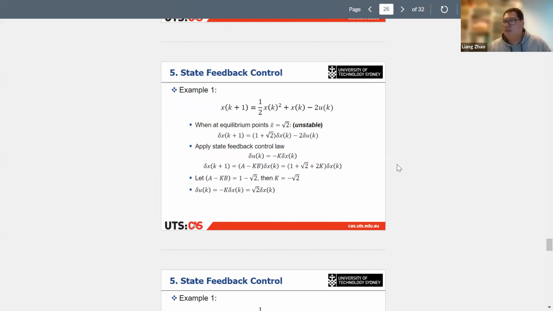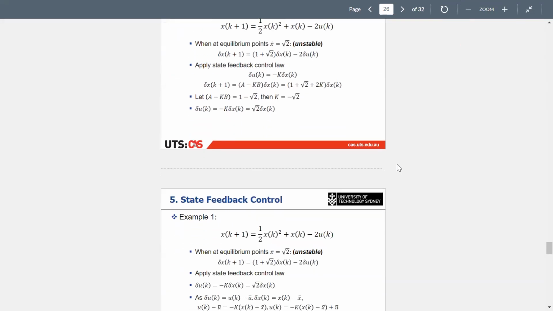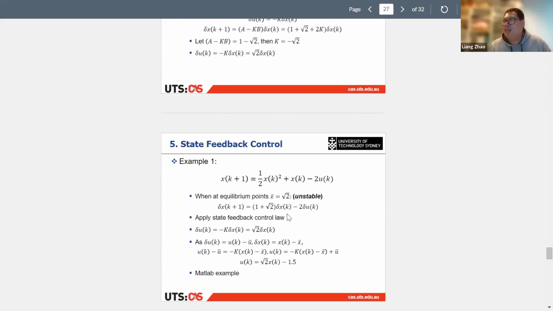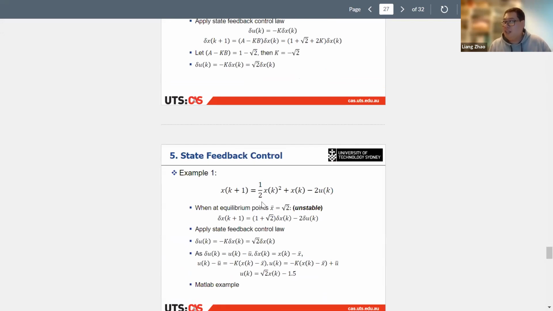After you get k, you then get u, right? And after it's delta u, you may need to get the actual u. Okay. Yeah, and then you can put it in the original nonlinear discrete-time system.